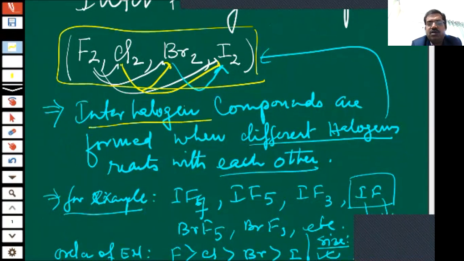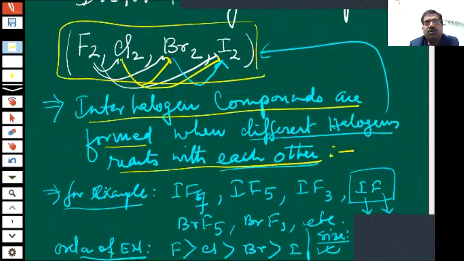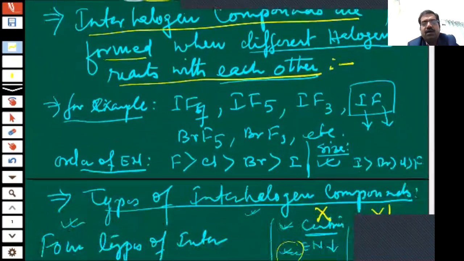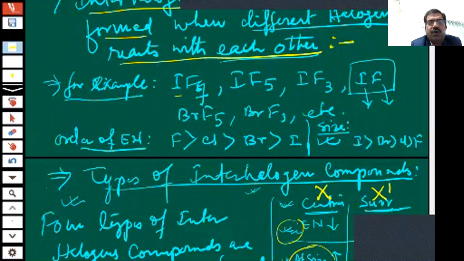Examples: iodine with fluorine, giving iodine heptafluoride, pentafluoride, trifluoride, monofluoride, and bromine pentafluoride, bromine trifluoride, like this.